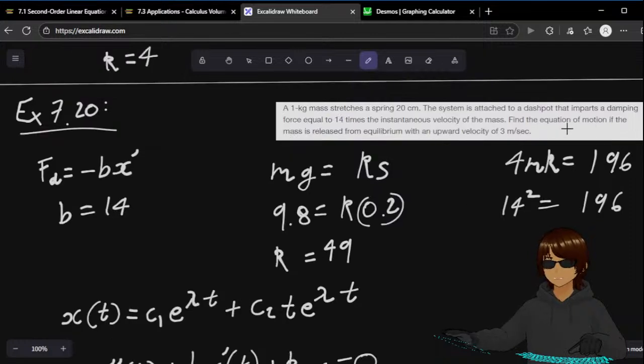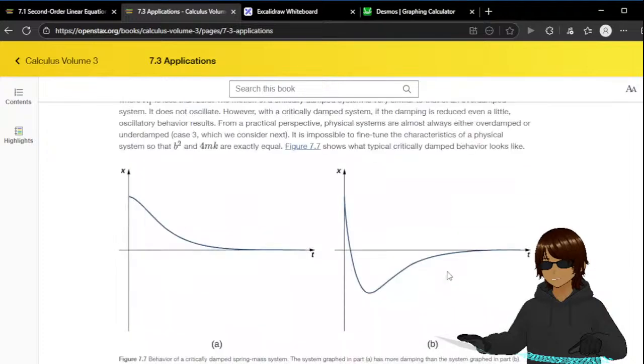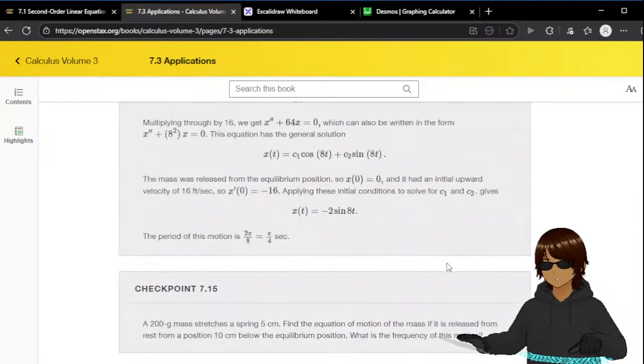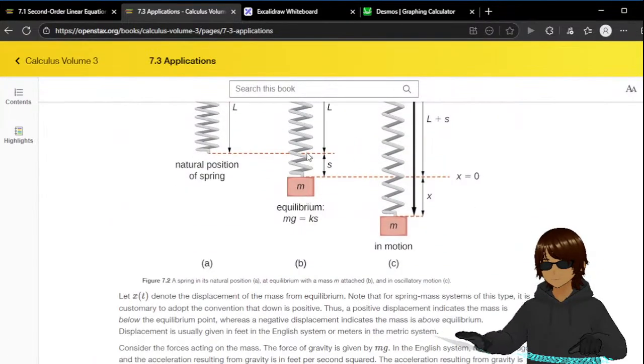Find the equation of motion if the mass is released from equilibrium with an upward velocity of 3 meters per second. Mass is released from equilibrium. I don't get what this statement means. The equilibrium is when the two forces are equal, right?